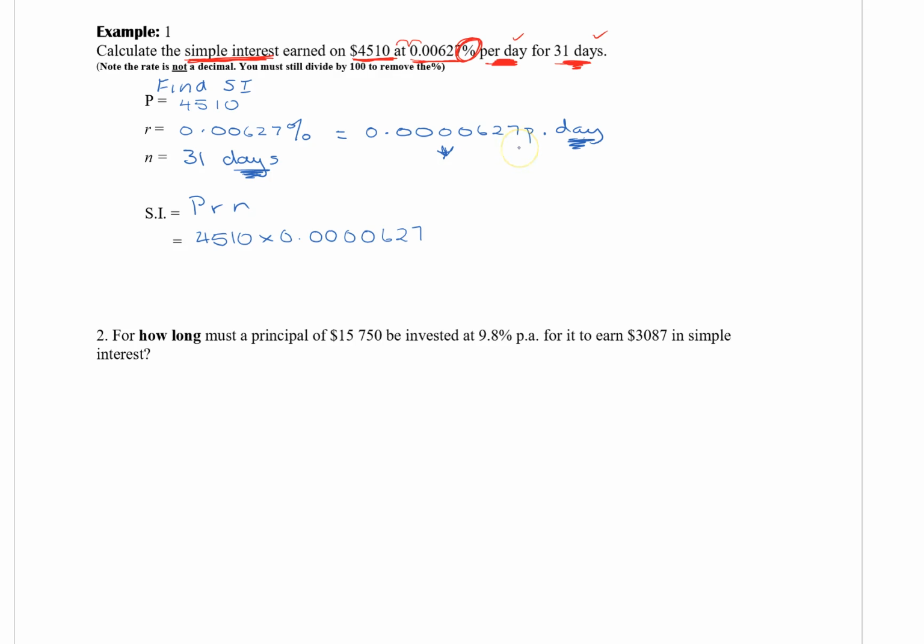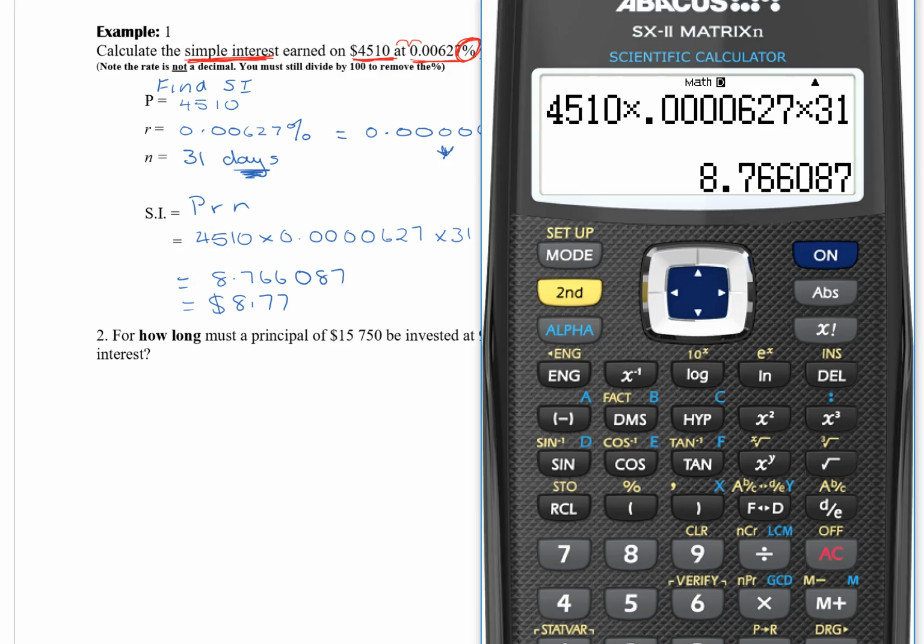We've had to adjust that. And N is in days, no adjustment needed, so times 31. And you can see there I've done that calculation. It came up as, you can see on the calculator, 8.766087. These are dollars because our principal was in dollars.